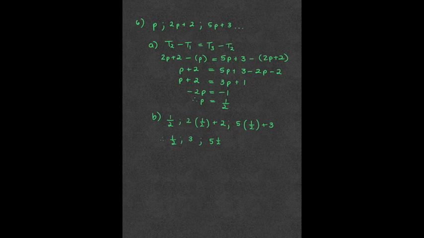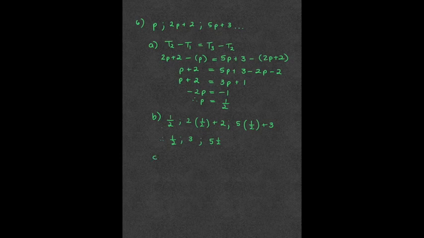And you can even see how our constant difference is consistent, right? So from a half to 3, we're adding 2.5. From 3 to 5.5, we're adding 2.5. So my answer is looking pretty darn good.